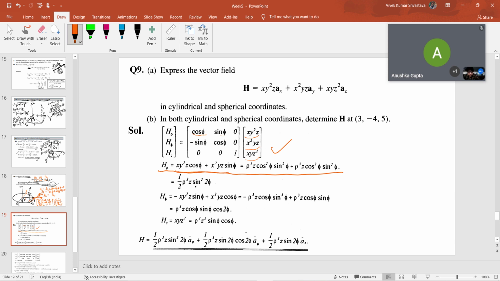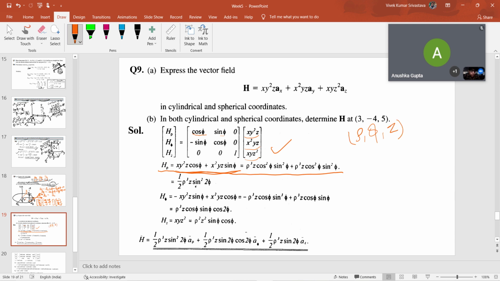So this basically represents it in terms of x, y and z only. But as you know, in the cylindrical coordinate system, the coordinates are specified in terms of rho, phi and z.